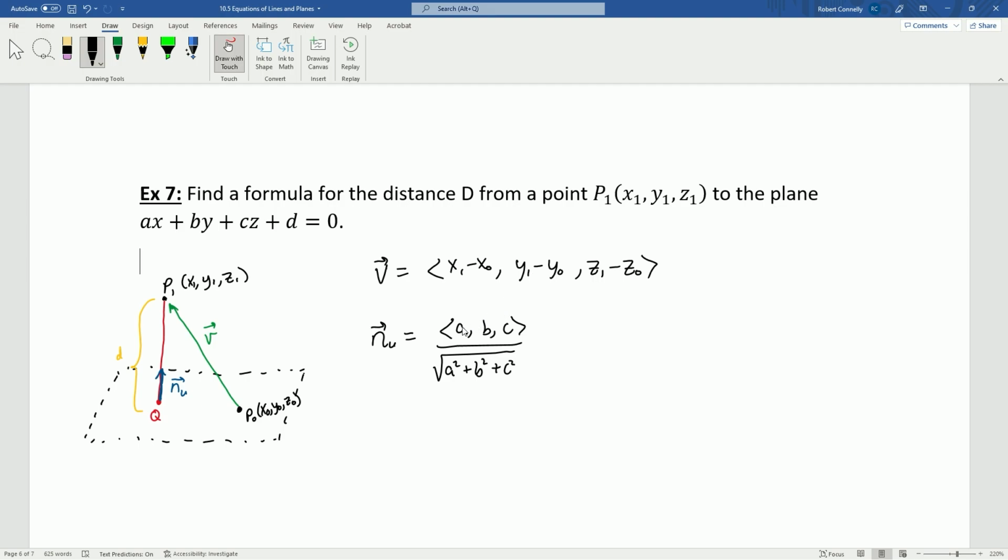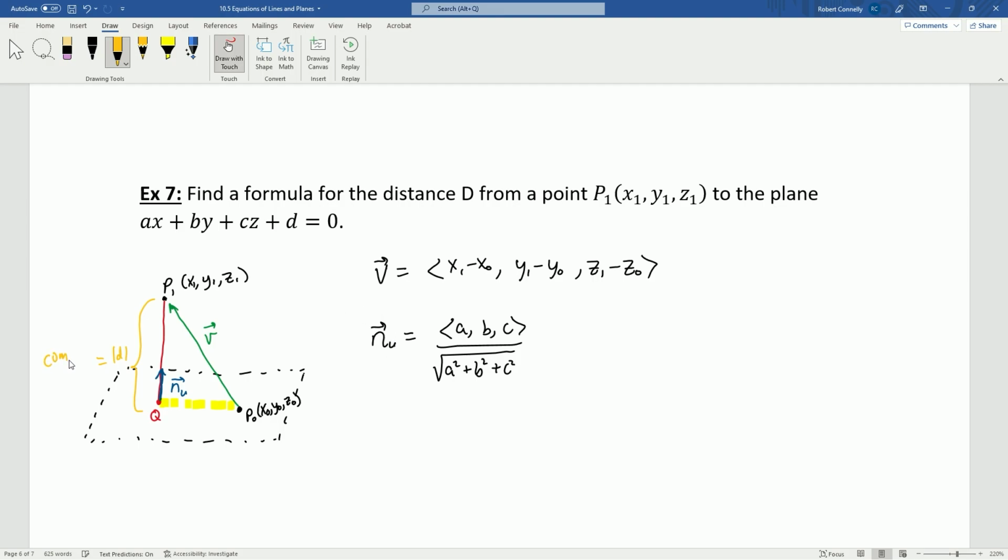So what I want to figure out is the length of D here. If you think about this, you can imagine that you project V down, if you kind of turn your head to the right, onto this red line. That means that D, the length of D here, is actually the component of V along PQ, or the normal unit vector.